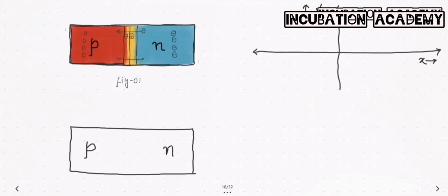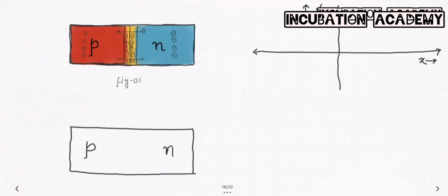And this is not for just one. A numerous number of positively charged and negatively charged cations and anions are formed on this border. On this border region, it is completely depleted of the carriers, that means the holes and electrons.